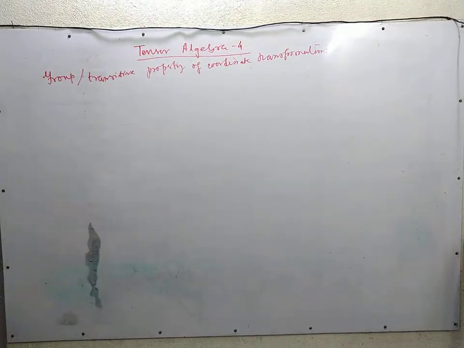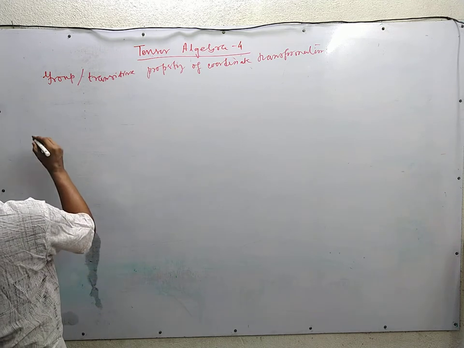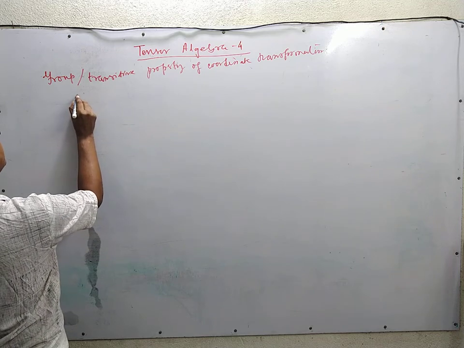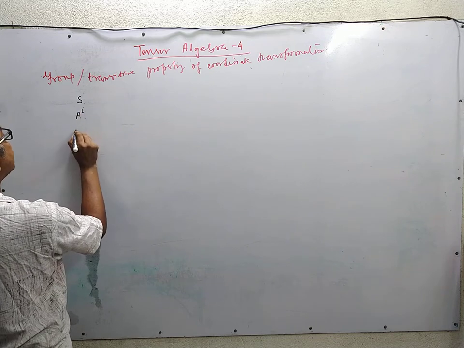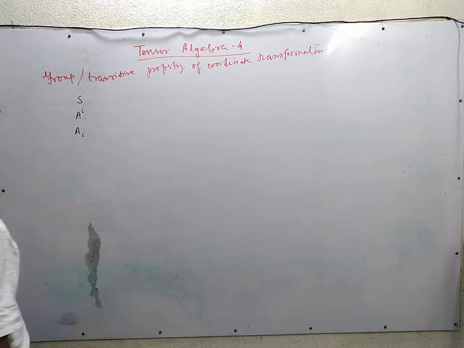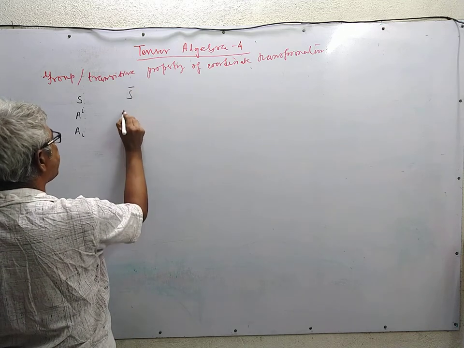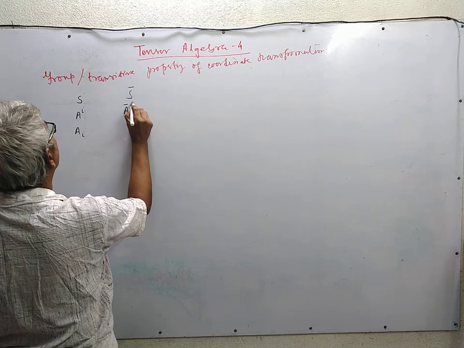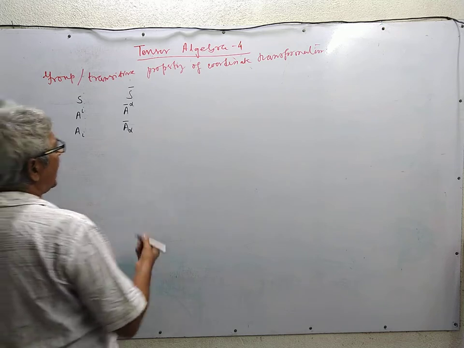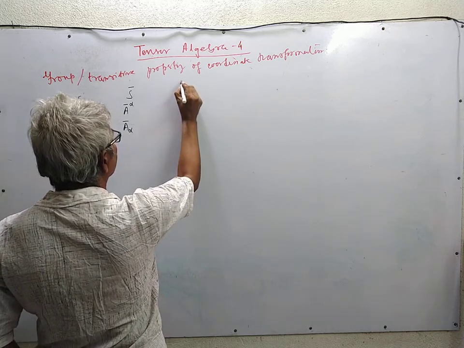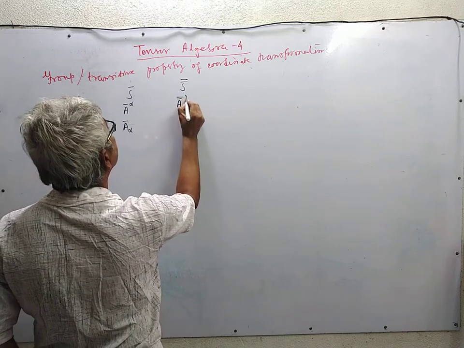What does it mean? Say we have a vector, either covariant or contravariant. When expressed in the S frame, we denote it like this. When we transform it into the prime frame, we write it A bar alpha, and we consider another transformation, say A double bar p.